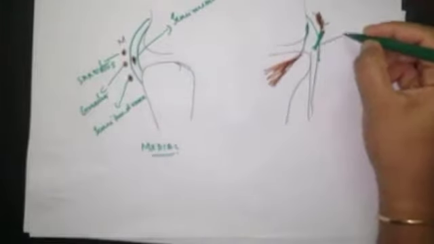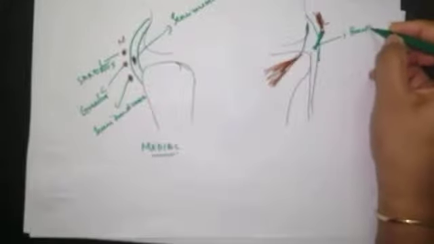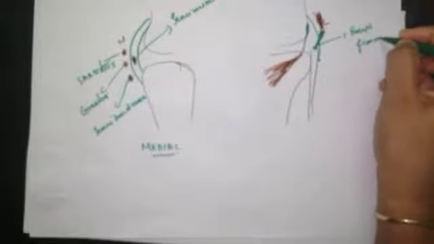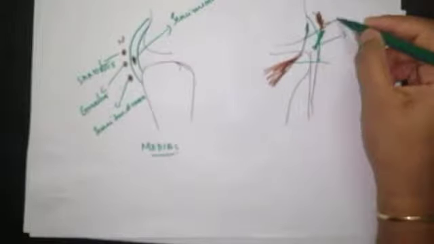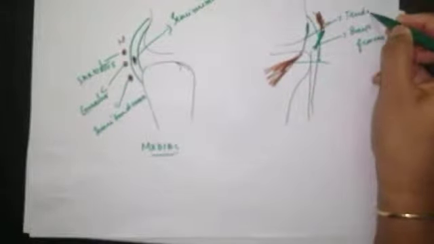So these are the medial relation. And which is the lateral relation? That is the biceps femoris and the tendon of popliteus, which forms the lateral relation.